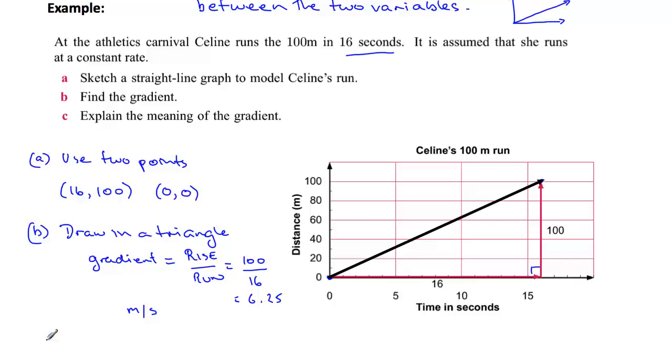The last question here is to explain the meaning of the gradient. What we can say is that the gradient of Celine's speed is in metres per second. So the gradient is the speed of Celine in metres per second.